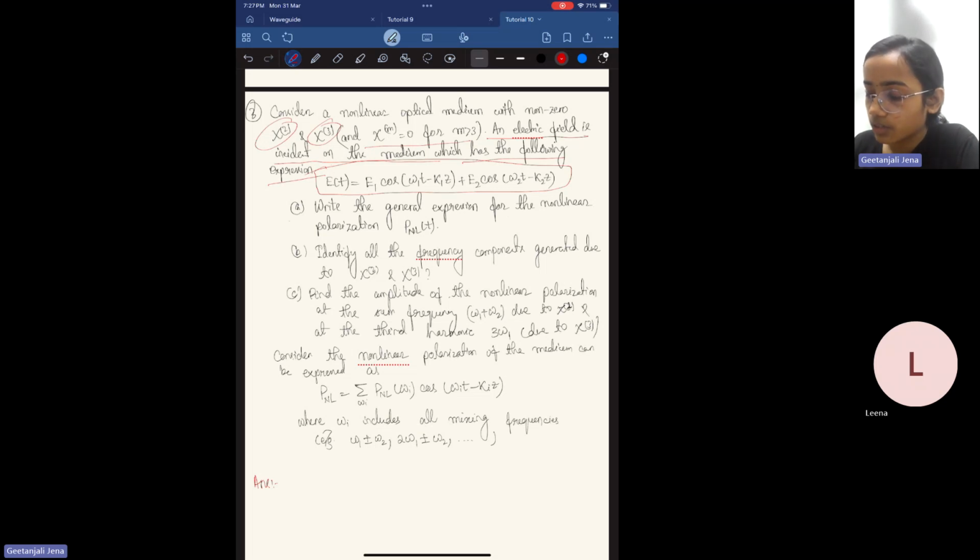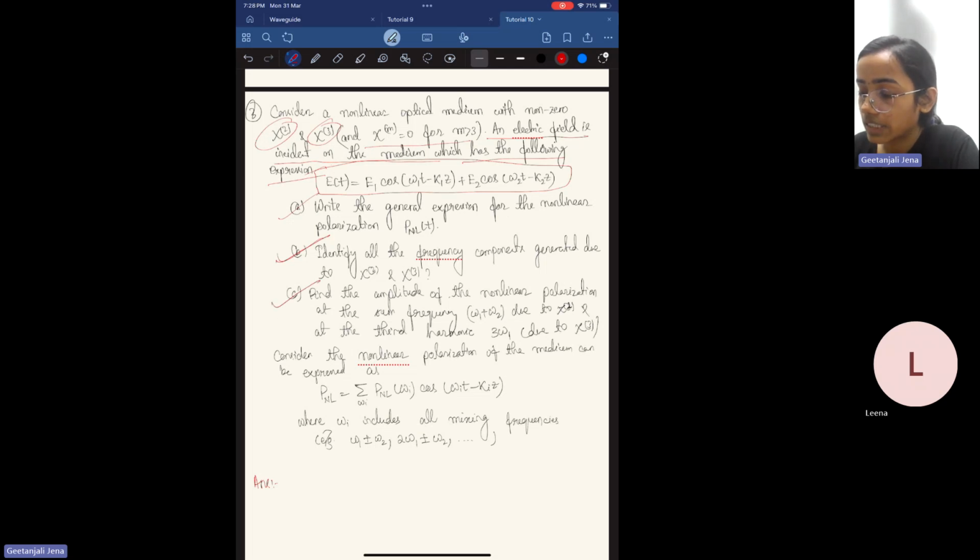In the first part, the question asks, what is the general expression for nonlinear polarization? In part B, this is a combination of a lot of concepts, so don't get worried. It will include concepts from third harmonic generation, self phase modulation, and second harmonic generation. All of these are combined in this question. In part B, we identify all the frequency components generated by the chi2 and chi3 effects.